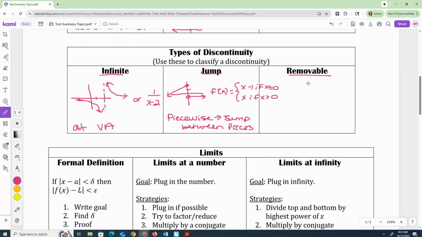And the third type, removable. What did that look like? Yeah. On the graph, just like a point. On a graph, it's like a hole. From an equation, it's when something does cancel out.